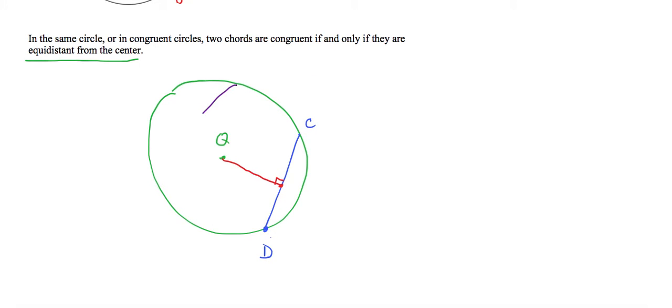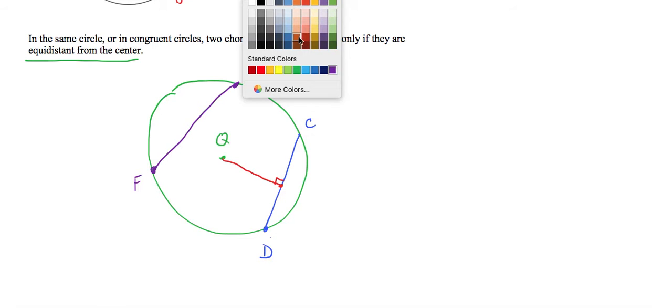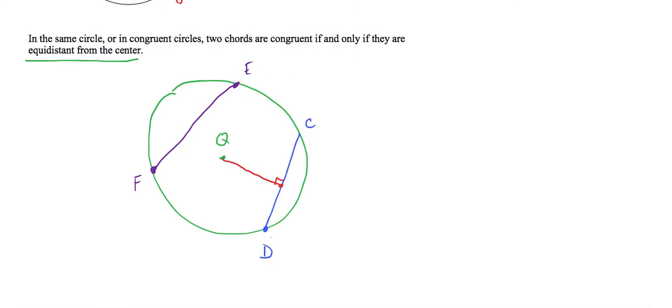And now let's say I have another line segment that looks something like this. And let's call this EF. And once again, the shortest possible distance would be the one that's perpendicular to the line segment.